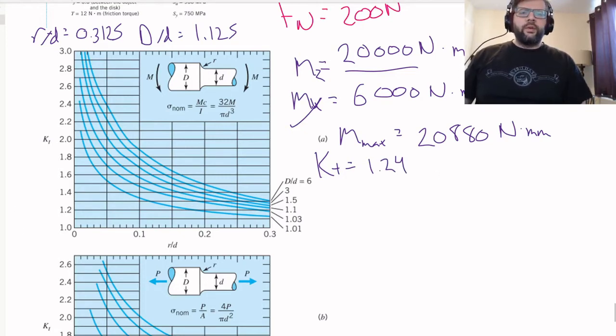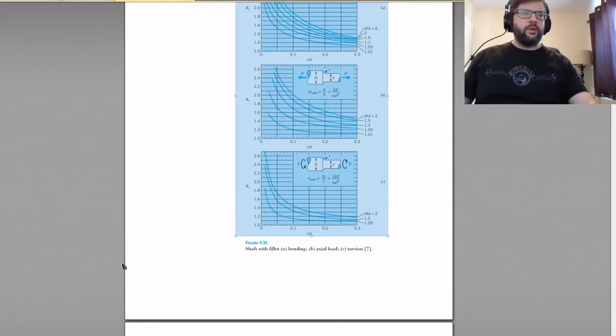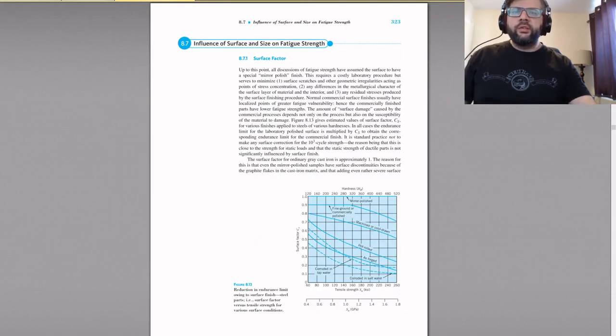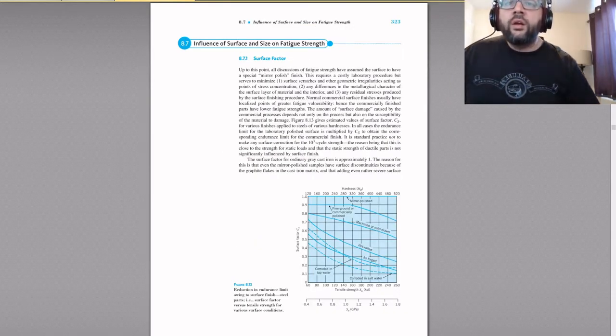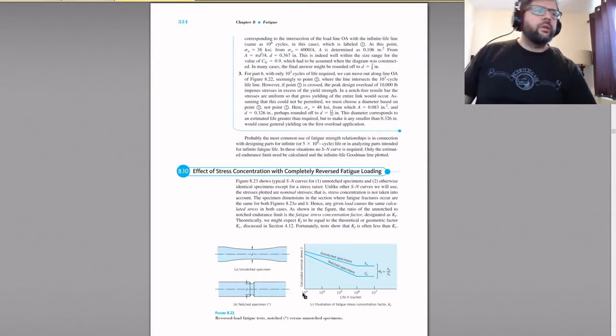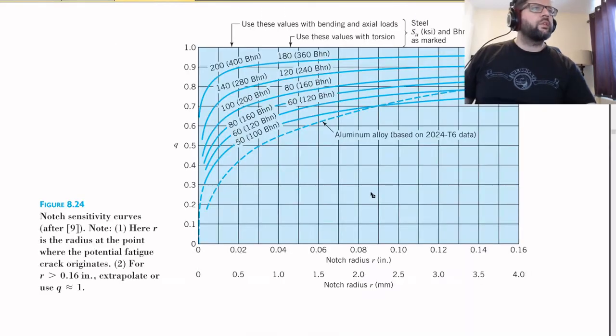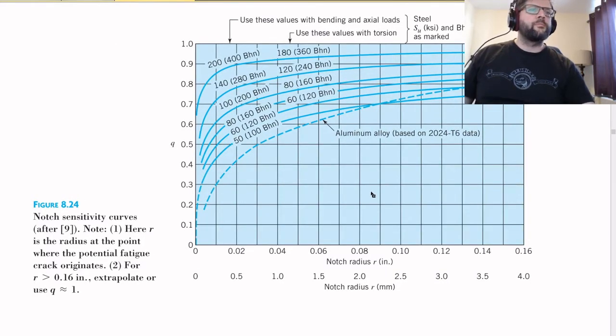Let's go ahead and figure out what our Q values are going to be too, while we're at it, since that gets used for all three of them. So I want to figure out what our notch sensitivity factors are.